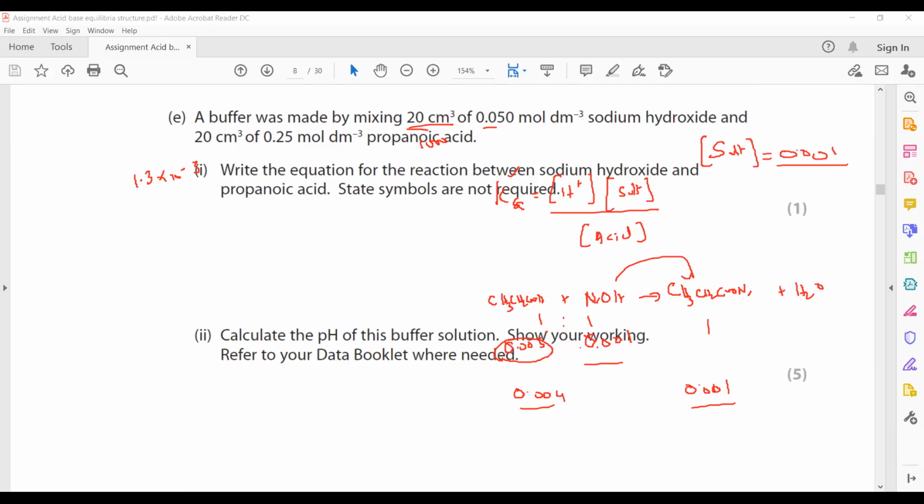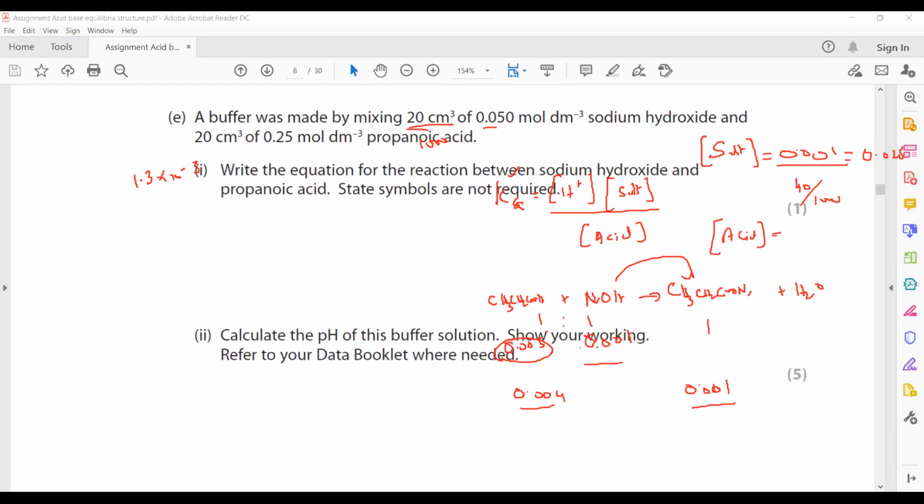But now the volume of solution is 20 cm³ of acid mixed with 20 cm³ of alkali, so the volume will be 40 divided by 1000, because in dm³. What's the concentration now? 0.025.